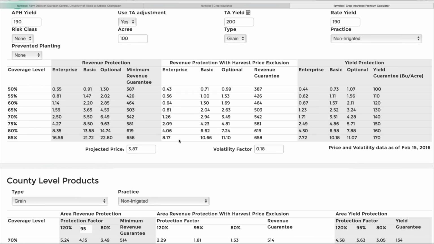Again, if you're concerned about the cost of these alternative products, and obviously one of the things that we always talk about is reducing non-land cost, one of the things you could do is move back to RP with the harvest price exclusion, cut that cost in half, but now the thing that you have given up is that guarantee increase, which could come in play if we have a drought year. Prices go up, yields go down, your coverage will be less than if you had not had that on there.